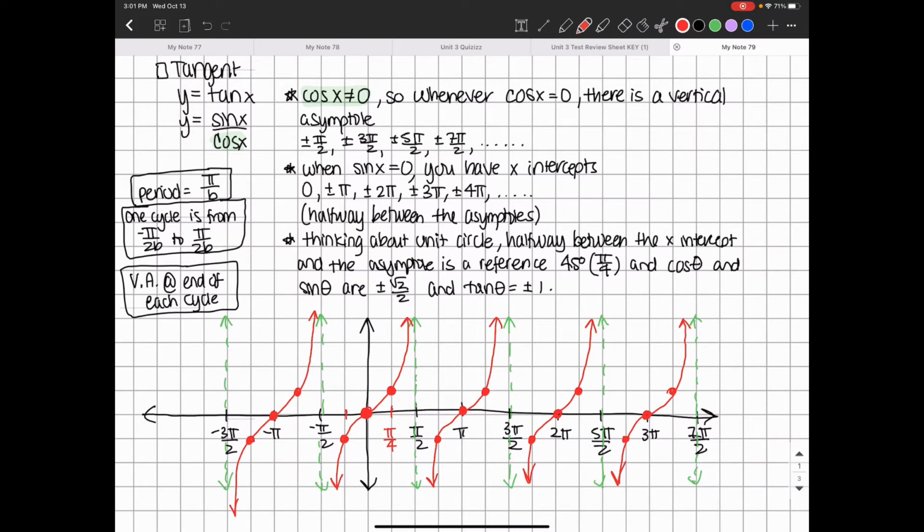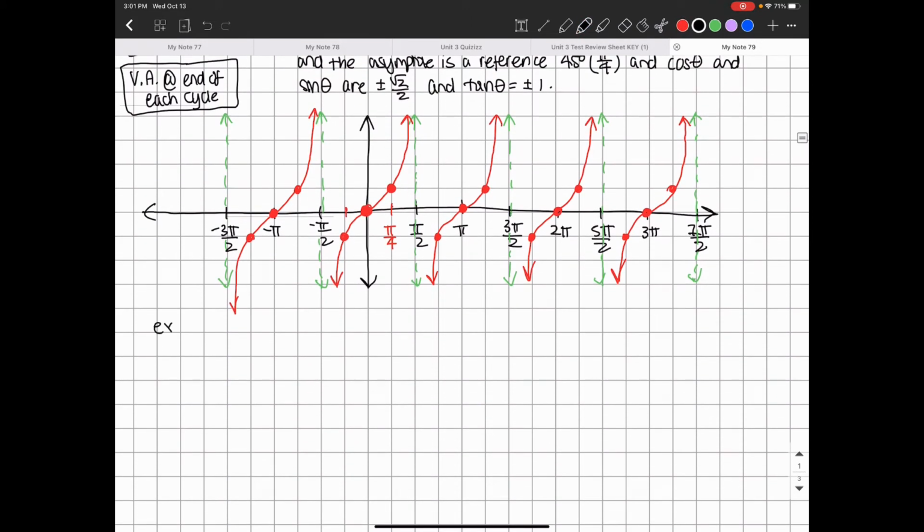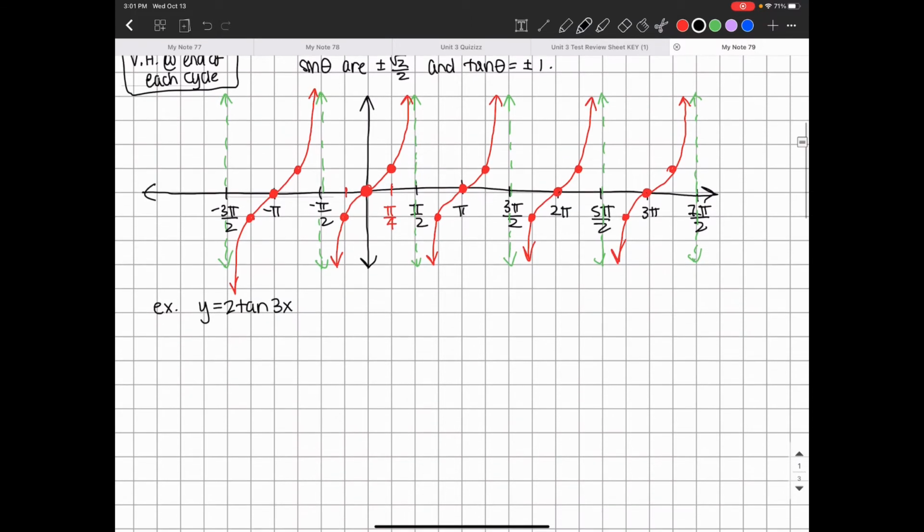Let's do an example with a transformation. Maybe I have the equation y is equal to 2 tangent of 3x, and I want to label everything that's important from this equation. The first thing I know is that the amplitude is equal to 2.